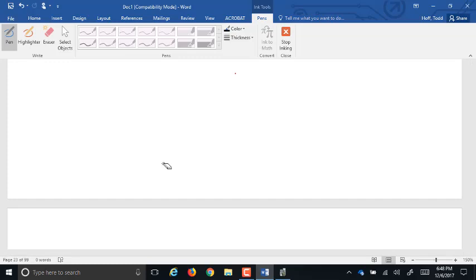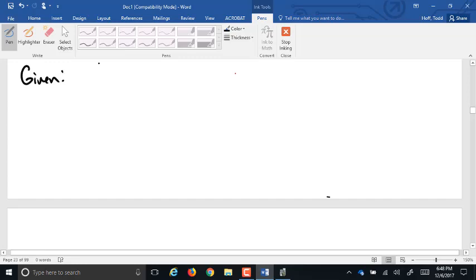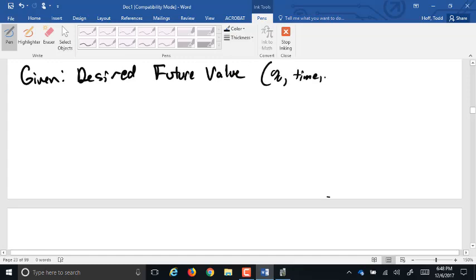Okay, so now what we've been doing is we were given the payment amount and we were asked to find that future value. Now let's look at what happens if we are given the desired future value, and of course, the interest and the time and all that happy stuff.